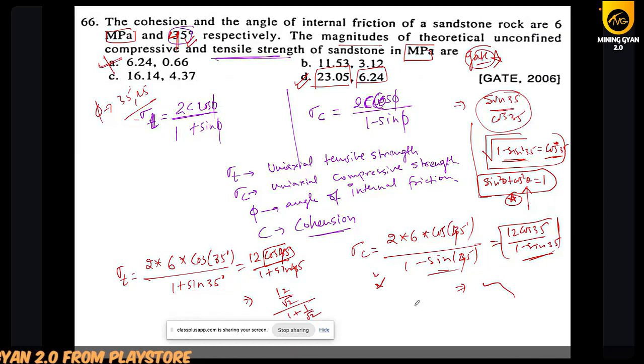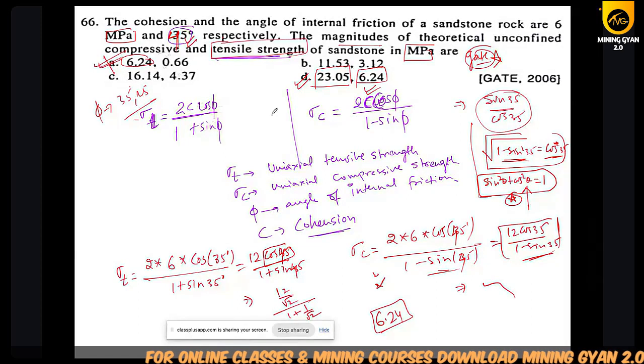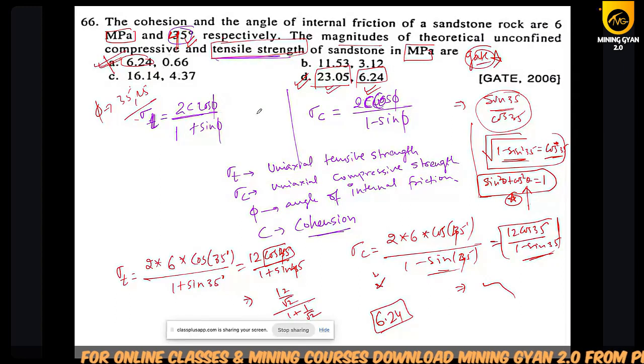I had calculated only one, where the answer will come 6.29. I was in a hurry, and I marked that option. But you have to check both options. Tensile strength I got 6.24, okay, and compressive strength was 23.05.